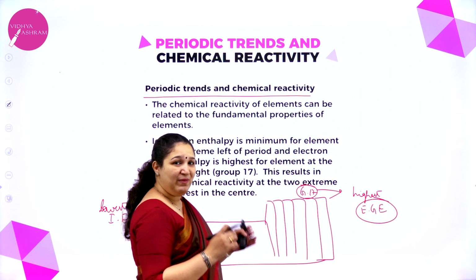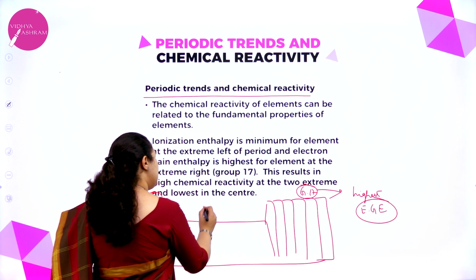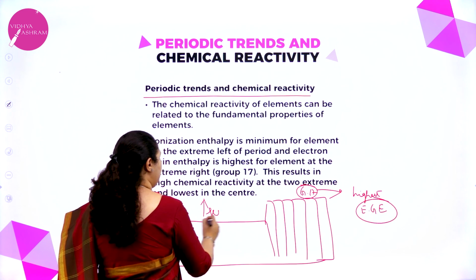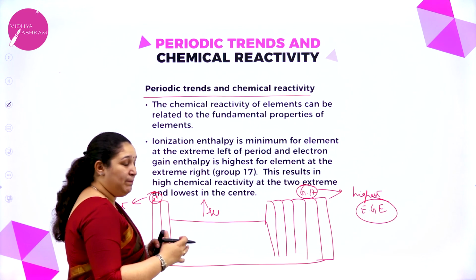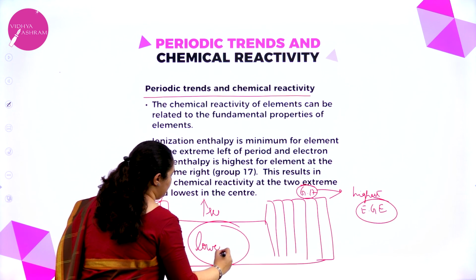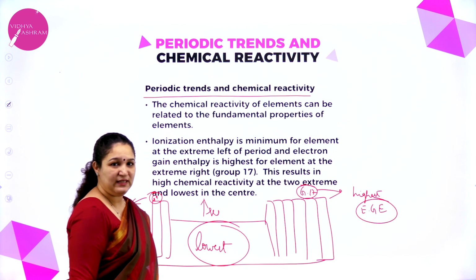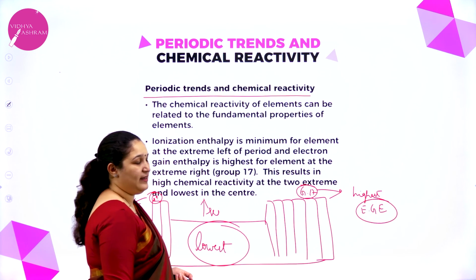That's why the chemical reactivity at the two extremes of the periodic table is highest, but in the center it is the lowest. So is it clear? That is about the periodic trend in chemical reactivity.